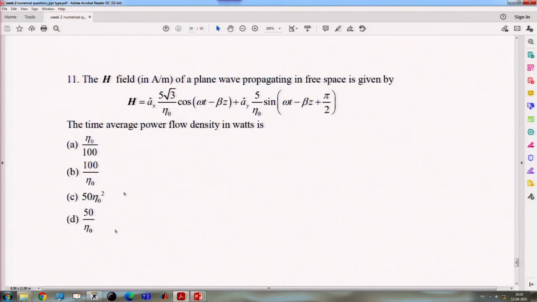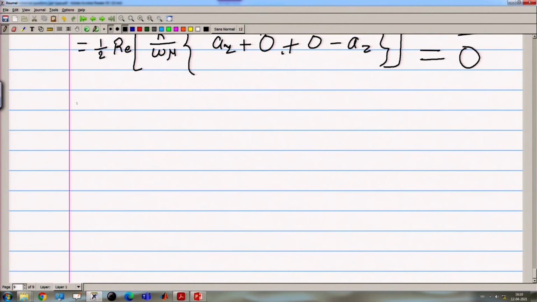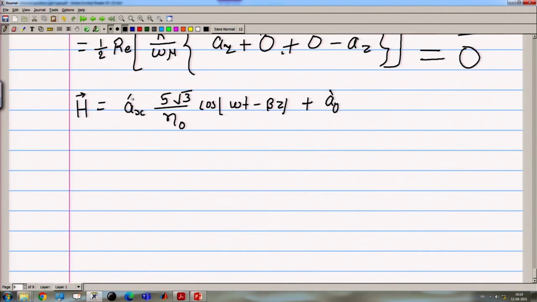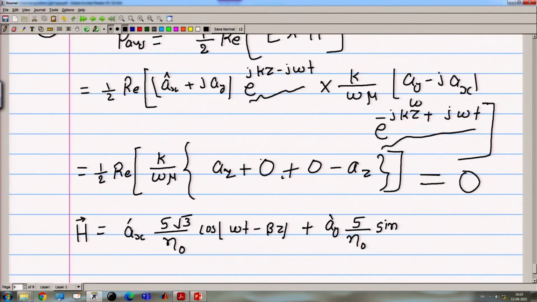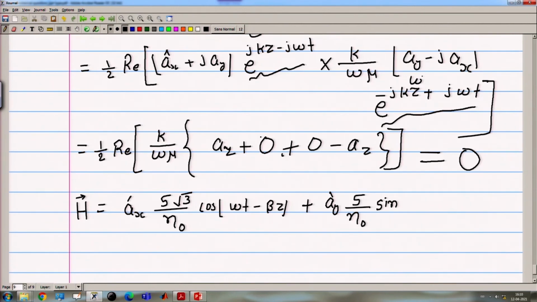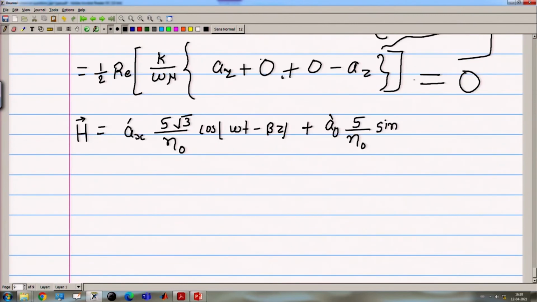H is given as a_x times 5 root 3 by eta naught cos of (omega t minus beta z) plus a_y times 5 by eta naught sin of (omega t minus beta z plus pi by 2). So, this is the H.